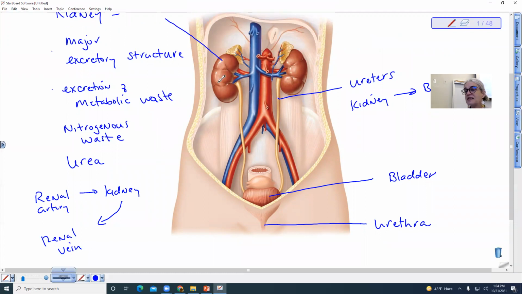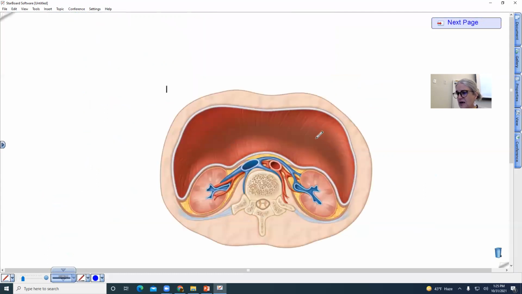So when we look at the position of our kidneys, they are actually in the lower back region. So this is the top of your pelvis. That's your iliac crest of your pelvis. And one of the interesting things about our kidney is it sits behind the abdominal cavity wall. And so this space, remember, is called the peritoneal cavity. And sitting behind that peritoneal cavity would be the kidneys.